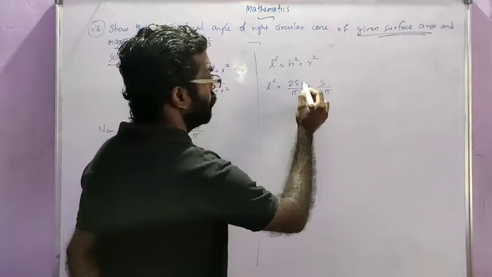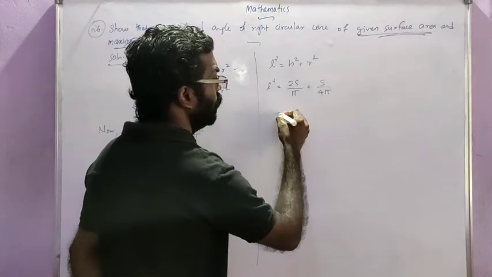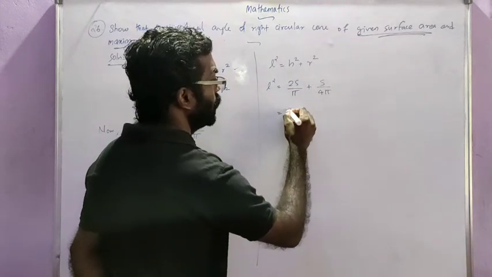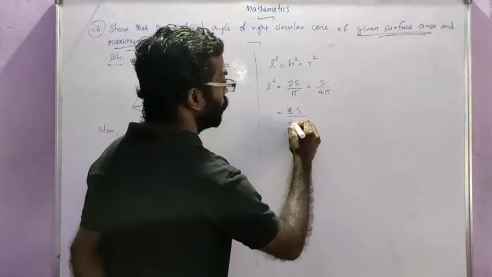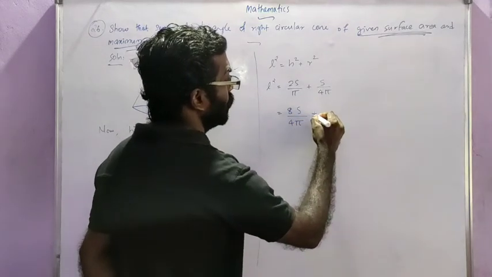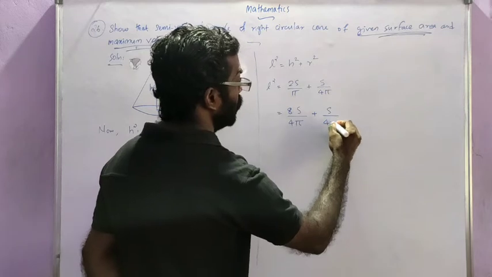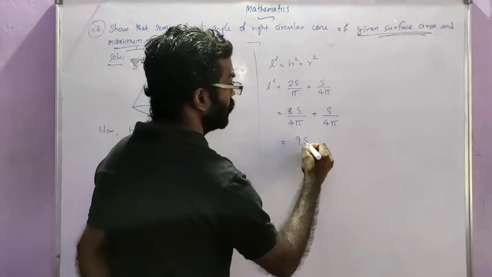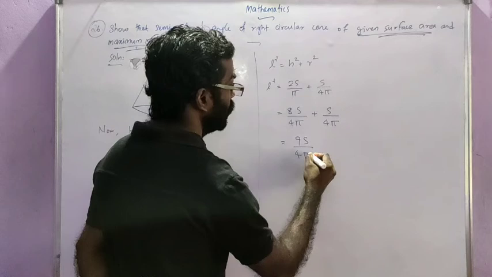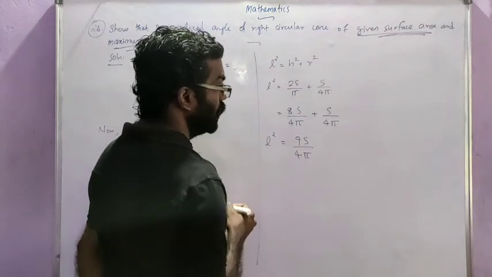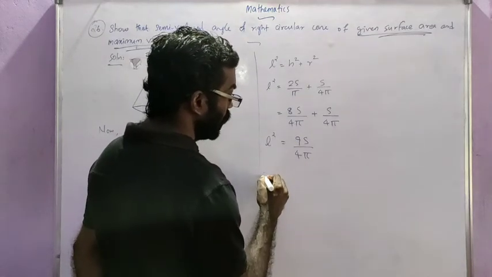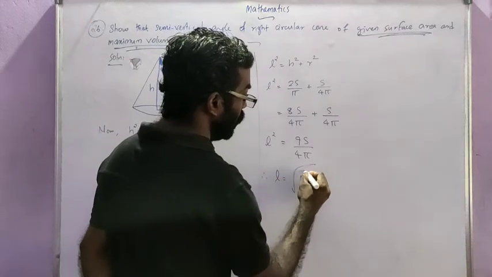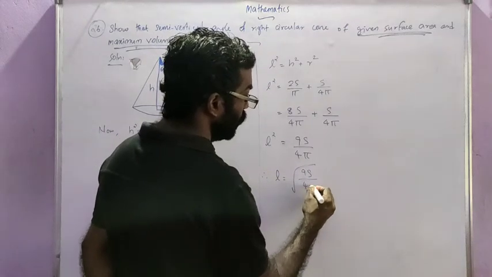For that, we can multiply the first fraction by 4 on both numerator and denominator. 4 twos are 8. 8s by 4 pi, then plus s by 4 pi, which gives 9s by 4 pi. l square equal to 9s by 4 pi. Therefore, l equal to root of 9s divided by 4 pi.